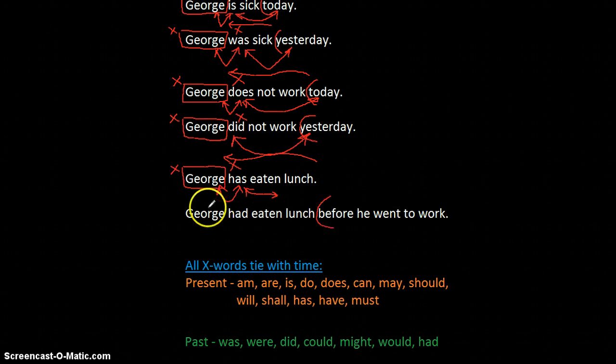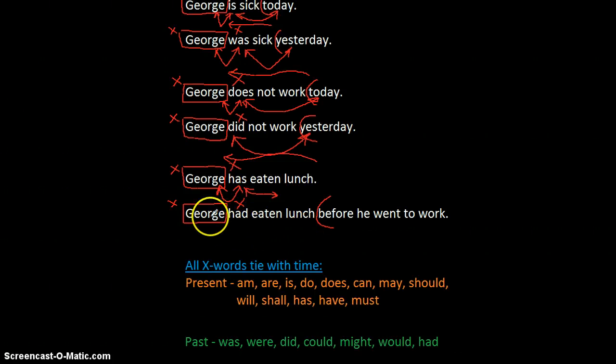When I take a look at the sentence now, George had eaten lunch before he went to work, I see there's been a change. Let's take a look at the X word. Had. Had George eaten lunch? George is the subject. The predicate is had eaten lunch. I'm not going to draw it in because it's going to get too crowded in here.